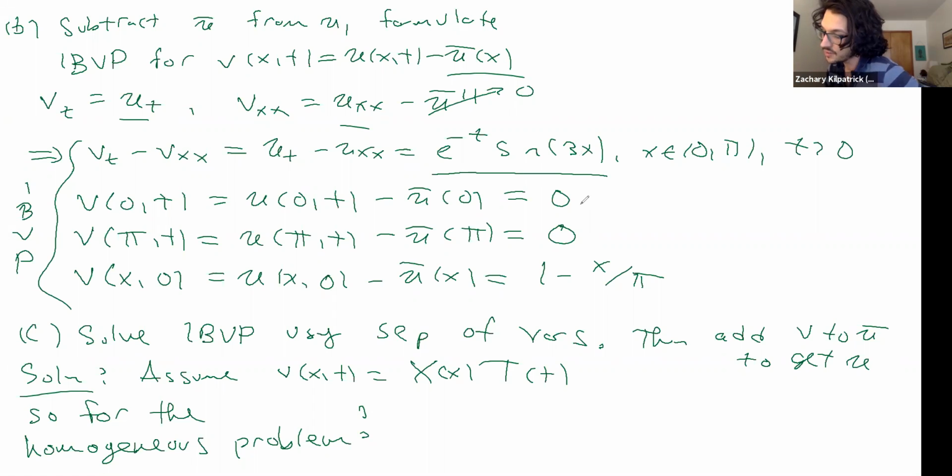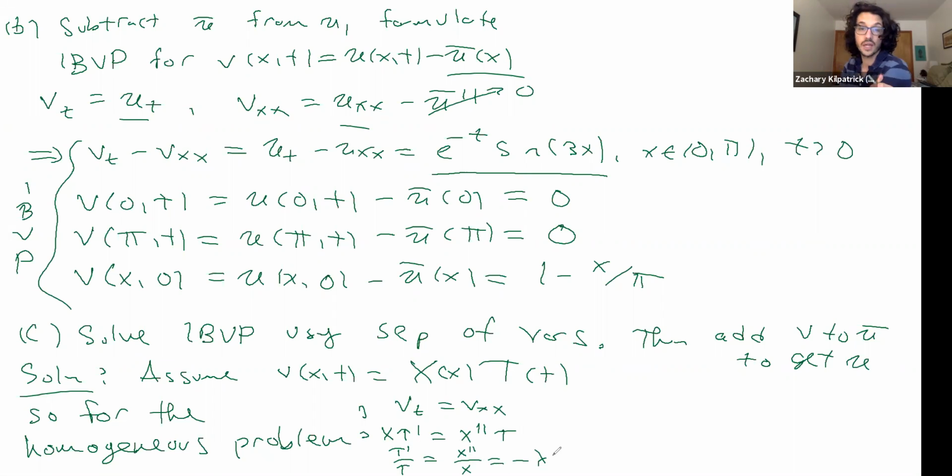Okay, so for the homogeneous problem, remember, Vt equals Vxx. We can go through this again just to be clear about it. I get X T prime equals X prime prime T. If I rearrange things, I get T prime over T is equal to X prime prime over X. And I'm going to set this equal to lambda.